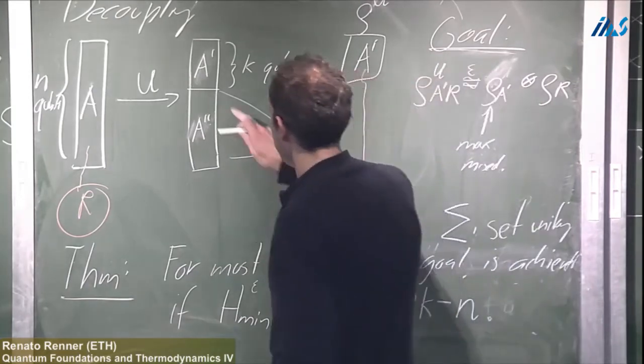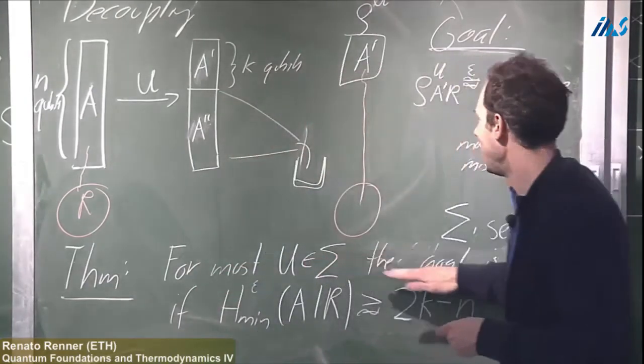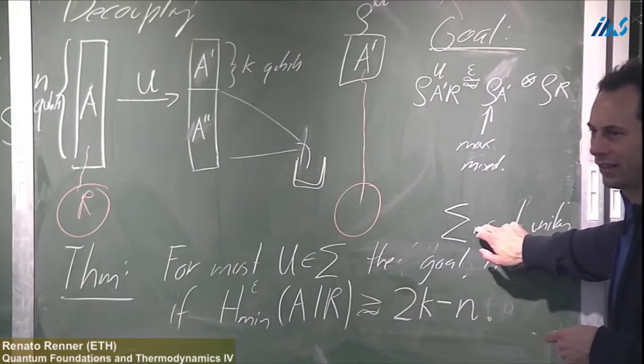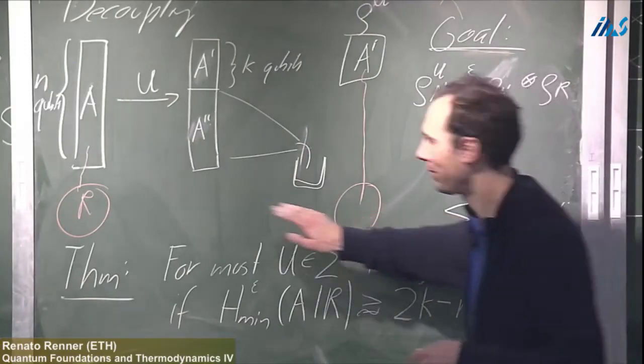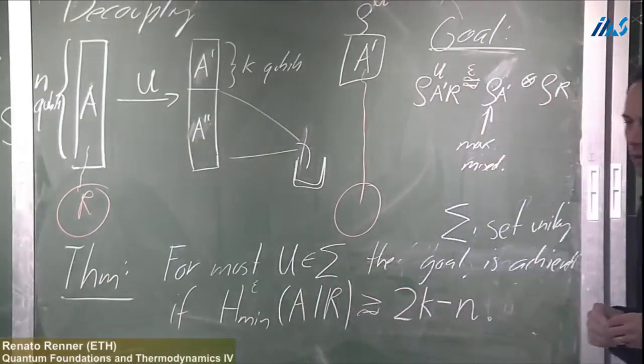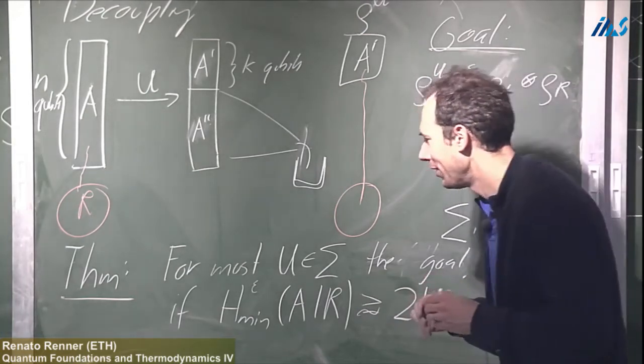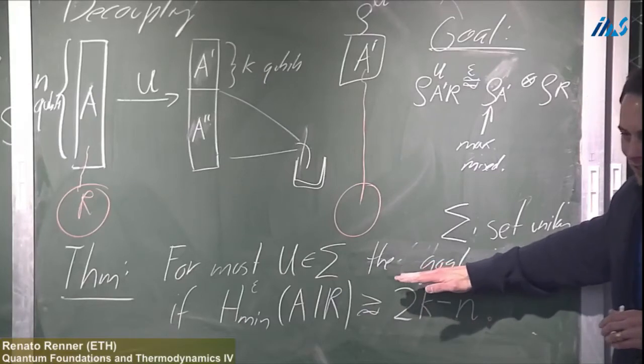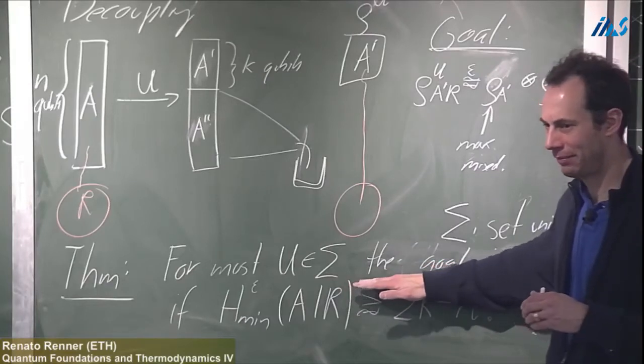Yes, because, of course, if this was only one particular element, it would matter. But because U is usually chosen from a relatively large set, it doesn't matter so much. Yes? So I guess the way to phrase it is, does the set of U such that this goal is achieved depend on the initial state? Yes. Of course, one would hope that we can get a stronger statement if we make it depend on the initial state.